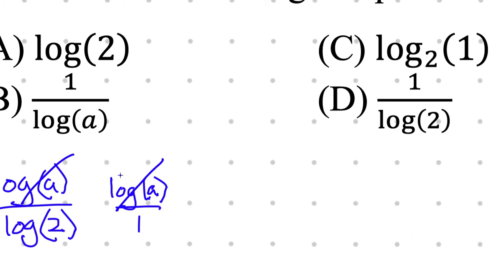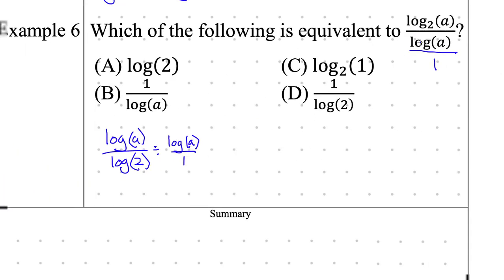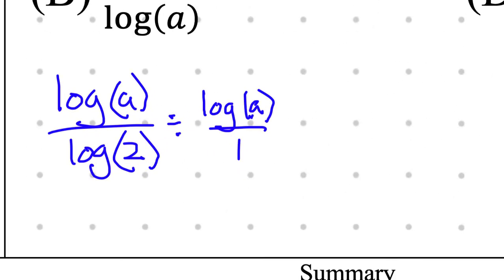Okay, you're really, really close. I'm going to leave this like log of a over log of 2 divided by log of a divided by 1. So I've rewritten the same fraction, just instead of the fraction symbol, I changed it into a division symbol. Now whenever I have a division and a fraction, I use keep it, change it, flip it.